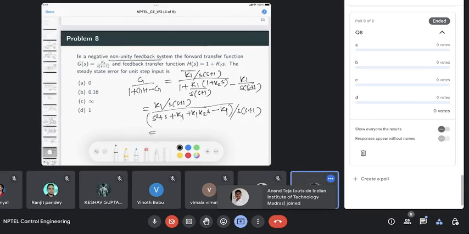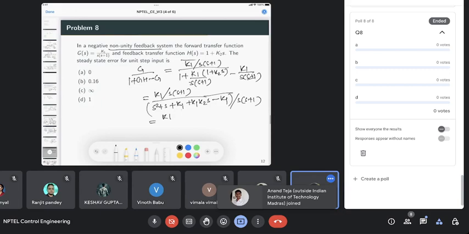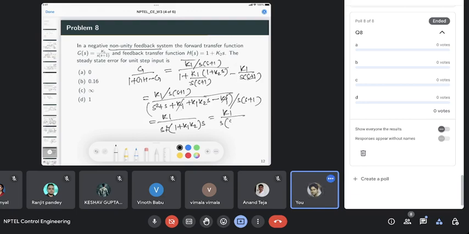This will cancel out. So I can take common K1 by S into (S plus 1 plus K1 K2). So it is a type 1 system, and for that you know what the steady state error is, right?